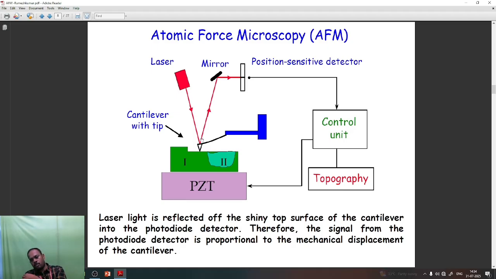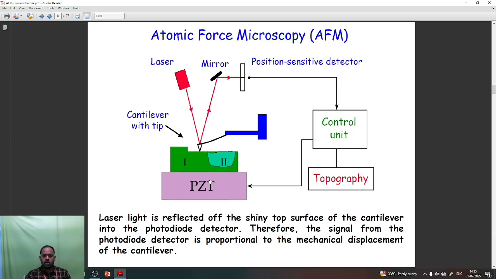Whatever deflection is caused on the cantilever tip is measured by the position sensitive detector by converting the deflection into force. That force is converted into an electrical signal. A control unit converts force into an electrical signal, and that signal is magnified as the image of the surface.